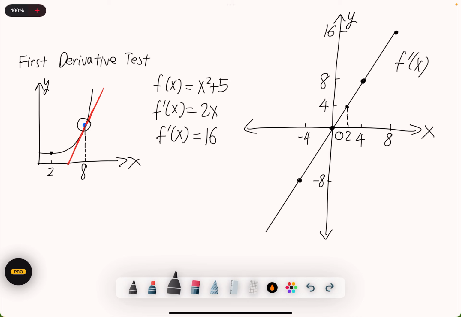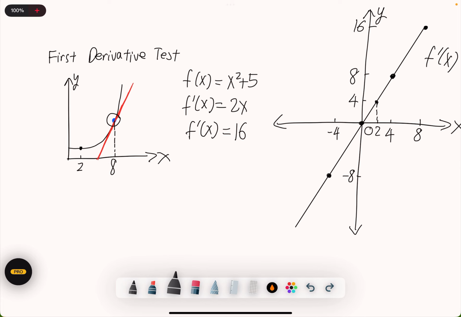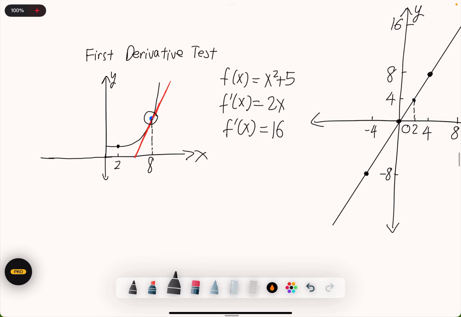Now notice that this is a quadratic function. Well, I mean, that's pretty obvious. So this means that if I draw the other side of the x-axis, the negative half, the graph would look something like this.